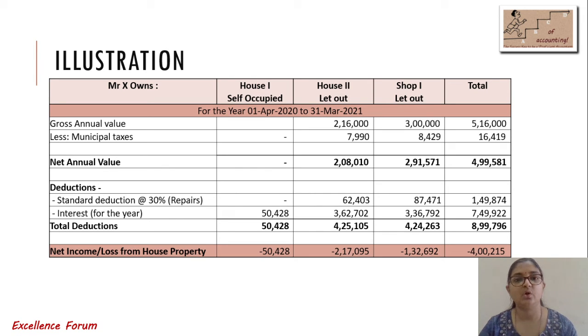So the total loss for this particular house property is coming as 2,17,095 rupees.